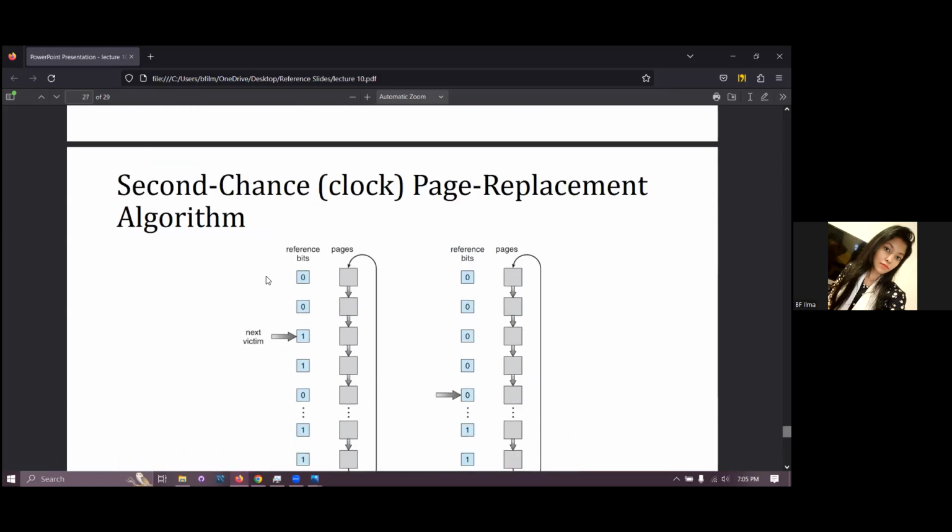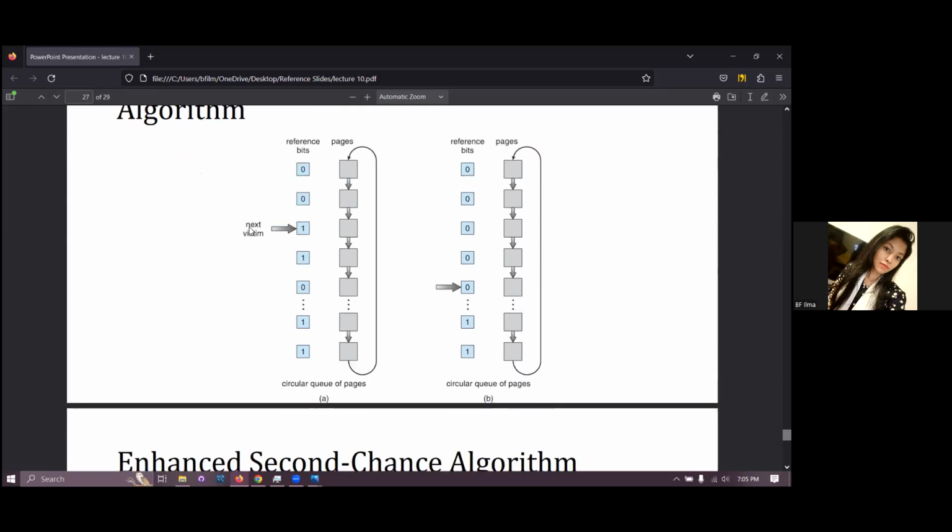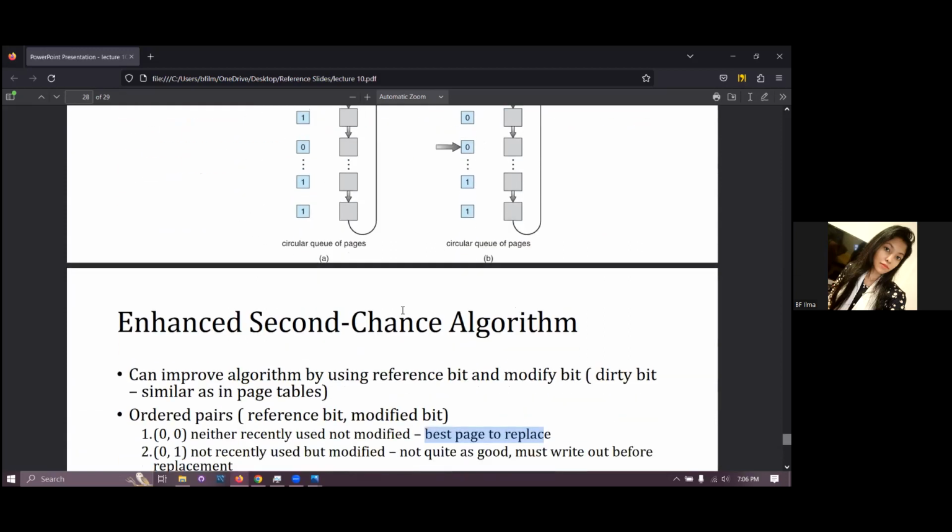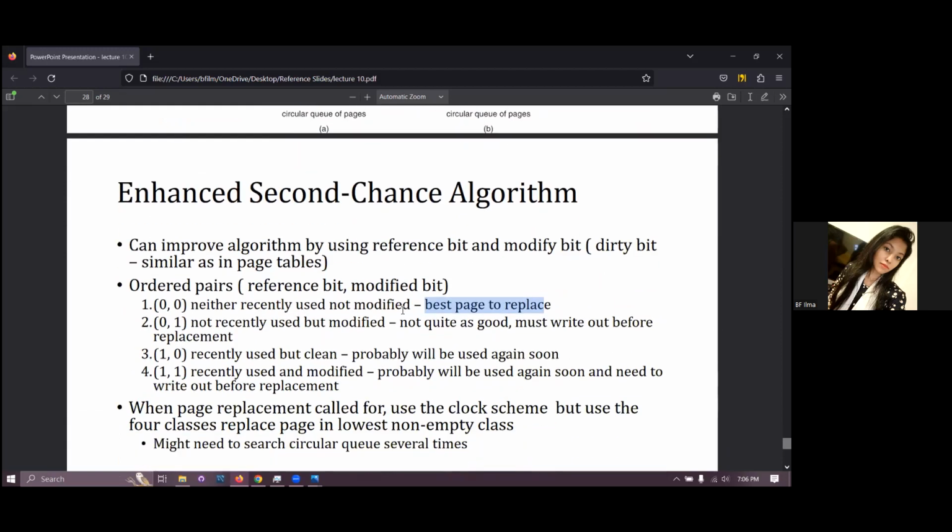In the circular queue, if the pointer finds 0,0 next to a page, that is the ideal victim. If it is 0,1, that means not recently used but modified.